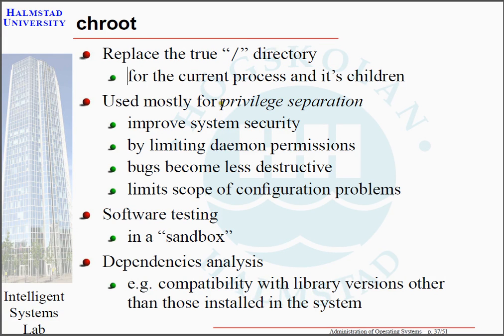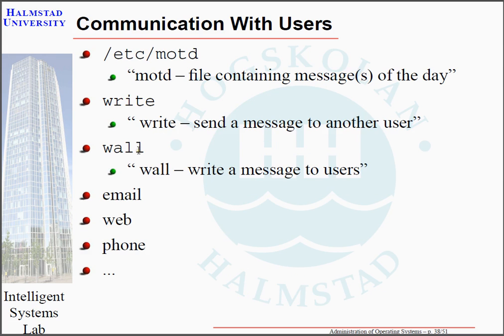This is mostly used for privilege separation. So in order to improve system security, you want to limit the parts of the file system to which a particular server has access. You can also use it for other things like software testing, but it's definitely most commonly used to limit the permissions of individual daemons.